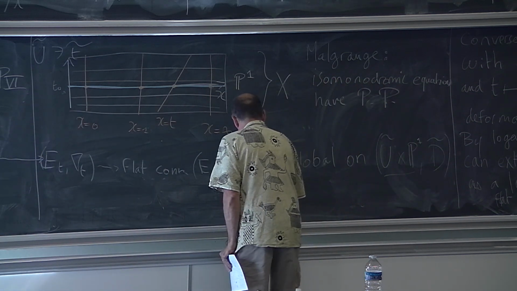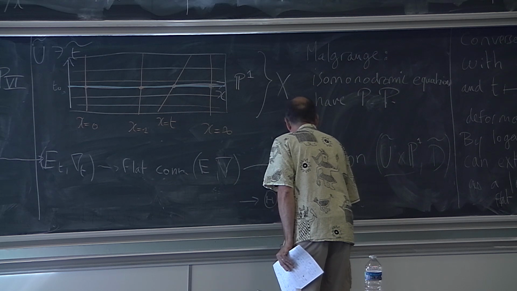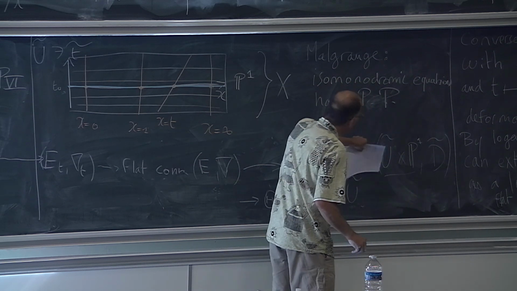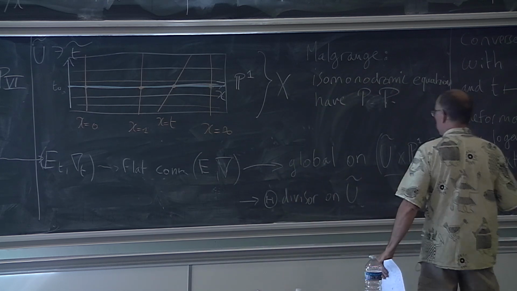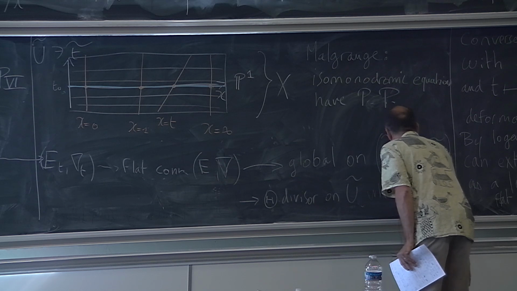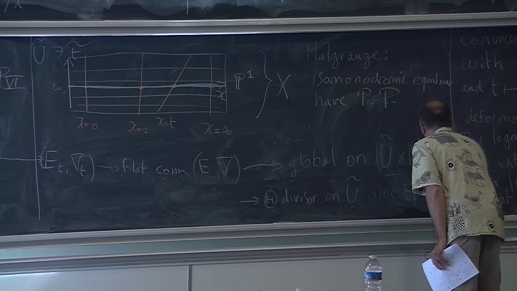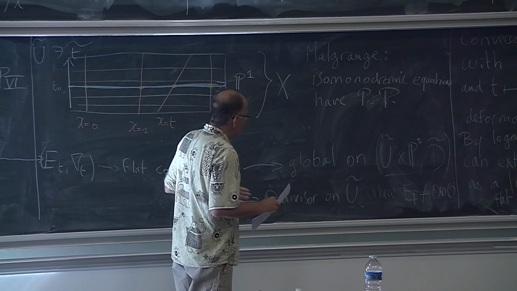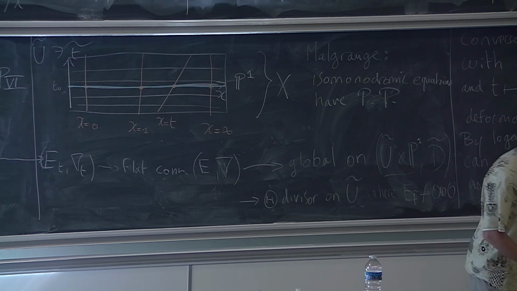So you have a divisor, which Malgrange calls theta, a divisor on U tilde in the time variable, which is a divisor where the bundle is no more trivial, where E restricted to t tilde is not trivial, O plus O. And, well, it is not trivial, but you can construct a bimeromorphic trivialization locally.